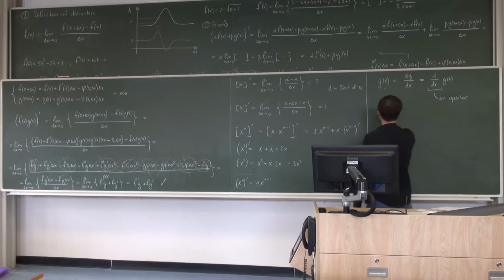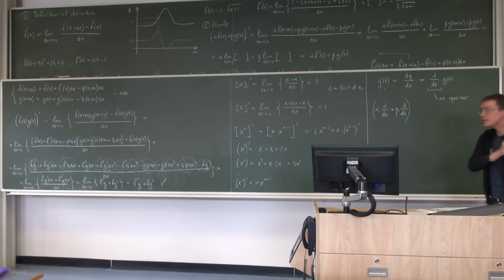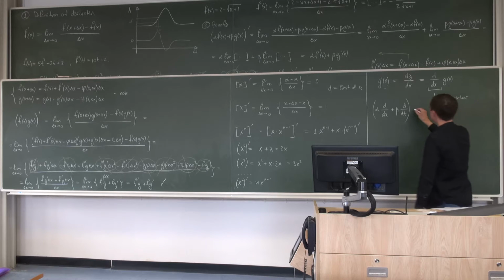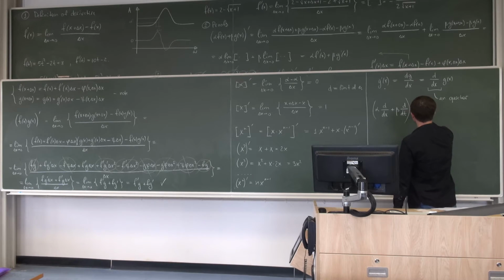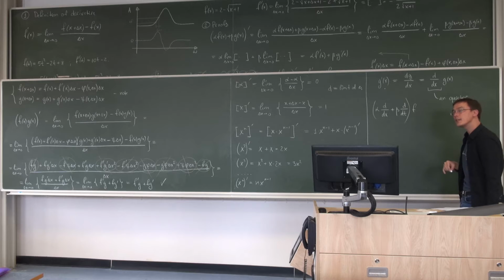So if we define something like this, alpha d by dx plus beta d by dt, when this is applied to a function of maybe two variables, you sometimes use curly d's. In fact, it would be preferred to use curly d's in here, the so-called partial derivatives.